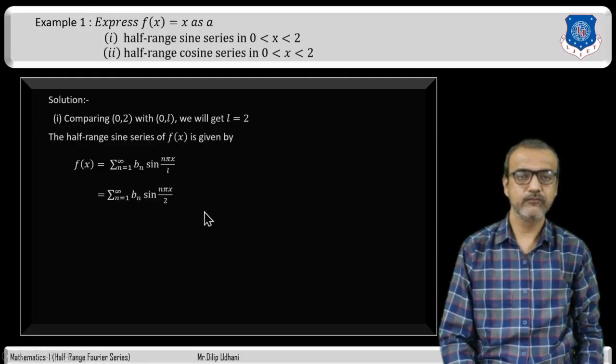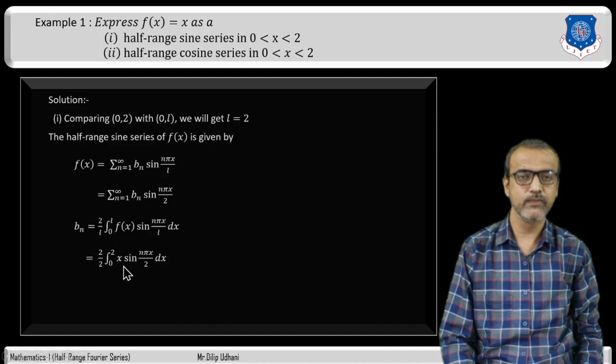First we find bn, and the formula of bn is 2 by L integration from 0 to L f of x sin n pi x by L dx. Replacing L by 2, this is 2 by 2 integration from 0 to 2, with f of x equals x, sin n pi x by 2 dx. So 2 by 2 is 1, and we have to integrate x sin n pi x by 2.